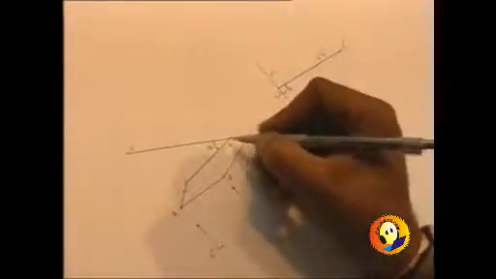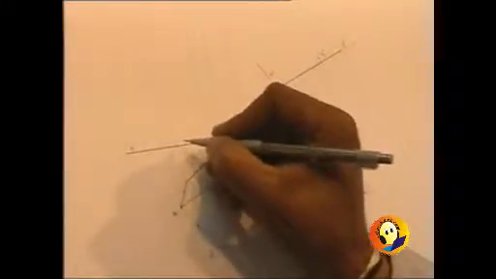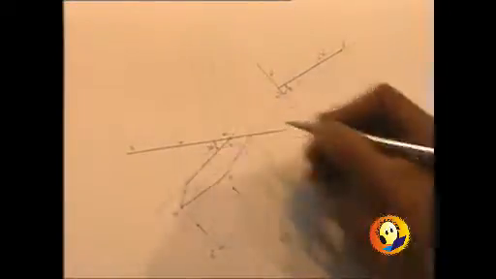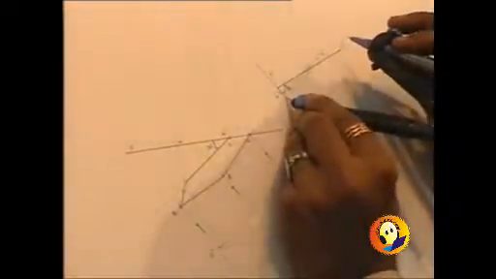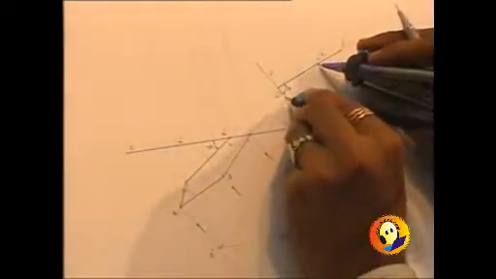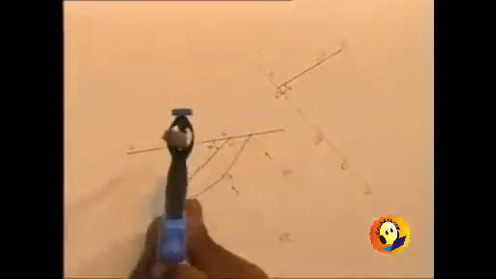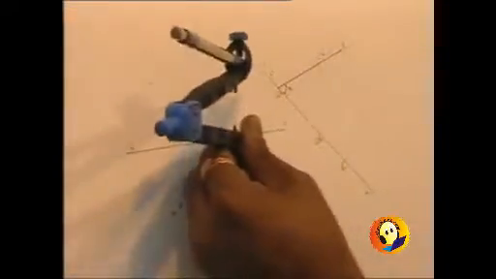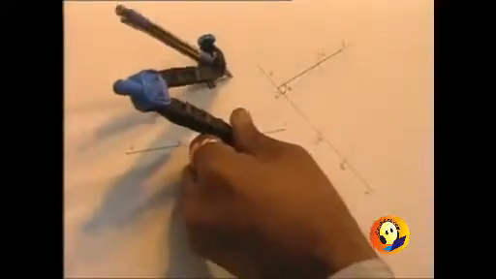Point A and B will be on xy, so this will be final point A dash, and this is final point B dash. Point C and E, their distance from HP is this much, so we can mark point E, so this will be E dash, and point C, this will be C dash.